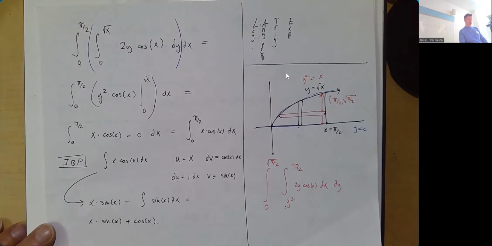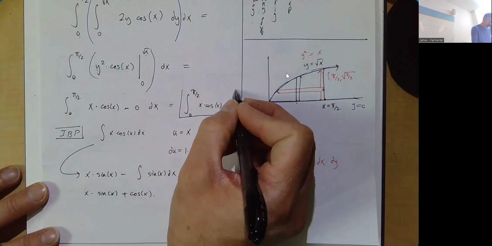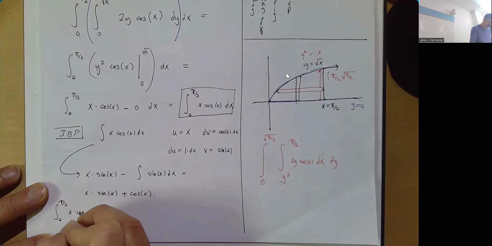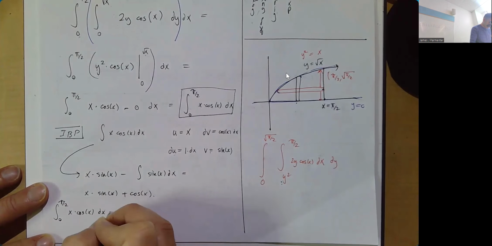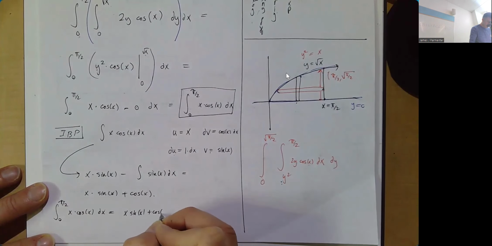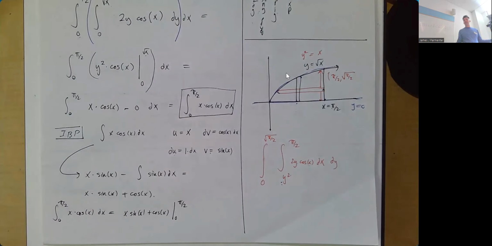And then I'm going to go back and say that this thing here that I was actually trying to find, the integral from 0 to pi over 2 of x times cosine of x dx, is equal to this antiderivative evaluated at the endpoints. I like doing it that way. I just find it to be the cleanest way I'm capable of doing it.